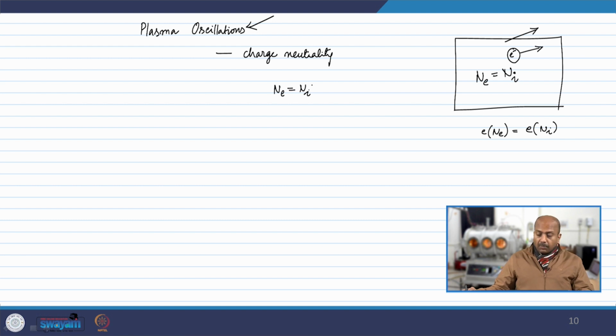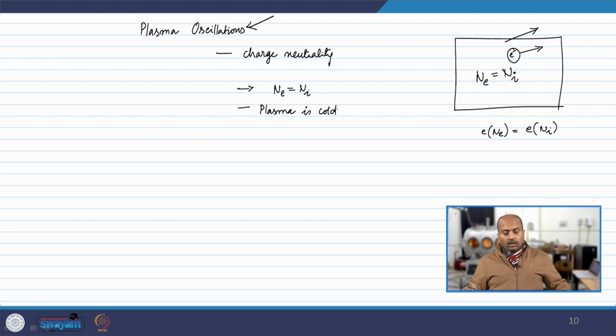We assume that the plasma is very cold. This is assumption 1: the plasma is cold. We are going to use this statement quite often. What does it mean? It means that there are no thermal motions of the atoms or ions.